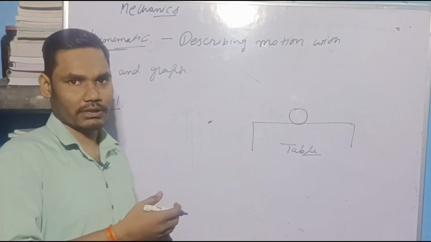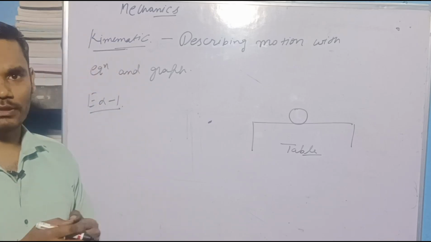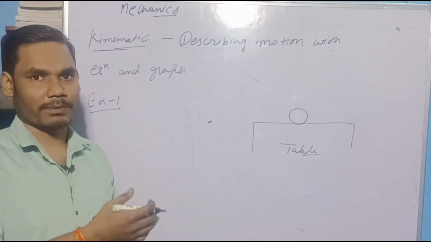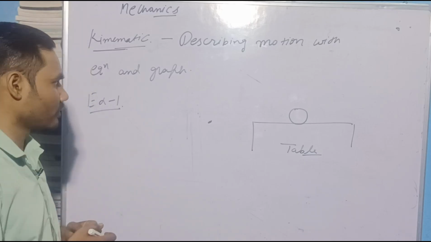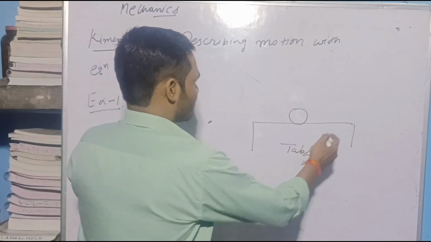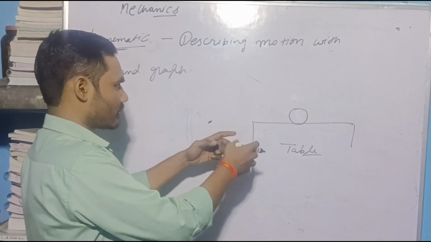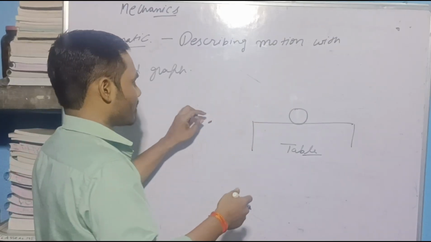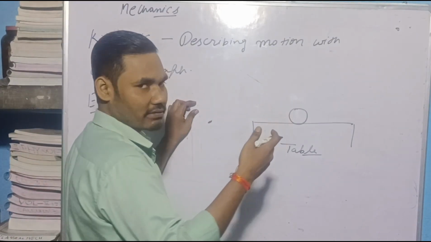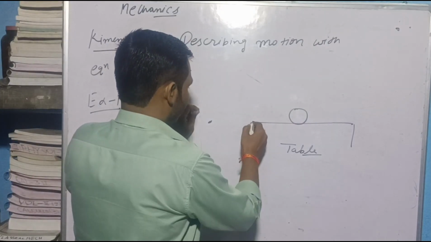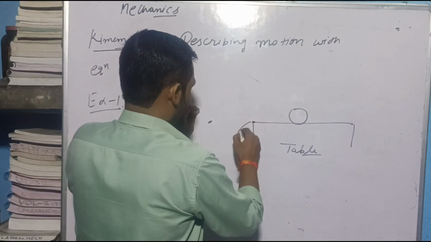Without taking a reference we can't measure the position, we can't locate the position, we can't express the position of any body. So either this point or any other things surrounding this ball, take them as a reference point. So let's take this point as a reference point.